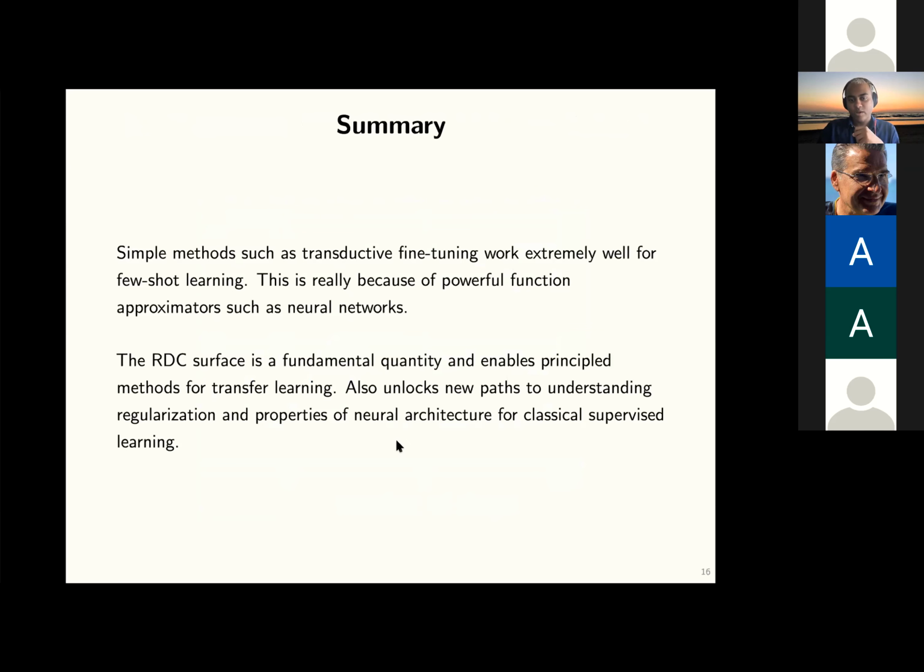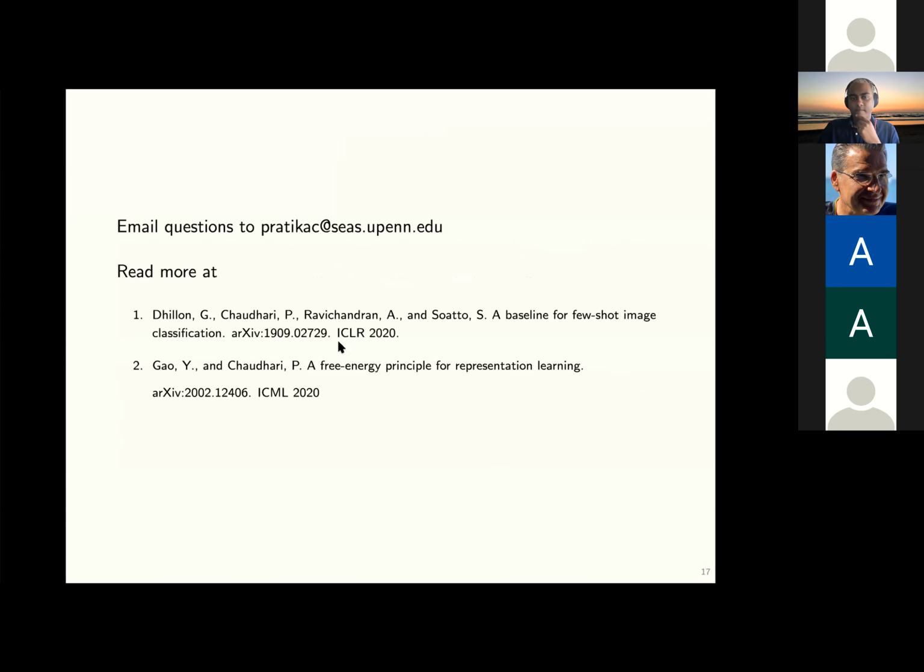The second one gives you a little different insight into this process. What are the general principles acting behind transfer learning? Please email all your questions to this email address. You can see these 2 papers. They're also on arXiv if you want to read more about this, and I'll take questions if you have them now.